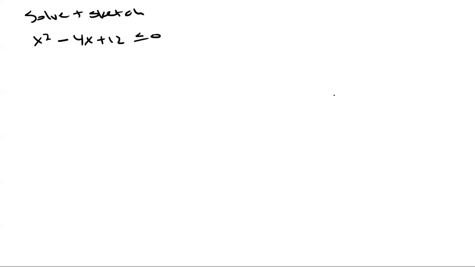All right, so this is going to be a three-step problem. Step number one is we need to address the inequality. The inequality is telling us less than or equal to, so that means below, right? We need to find out where the graph is below the x-axis.